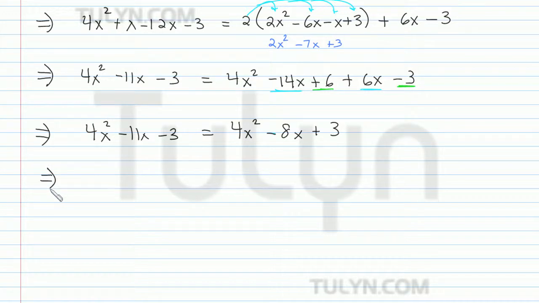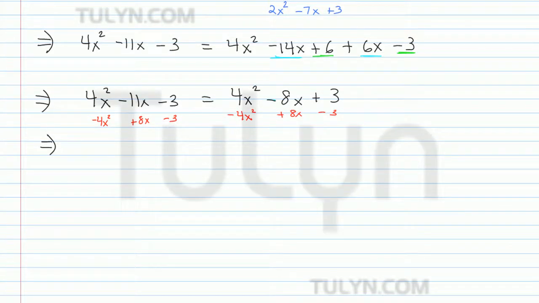So now we want to move everything over to one side. So I'm just going to do this in one shot. I'm going to subtract a 4x squared from each side. I'm going to add an 8x to each side, and I'm going to subtract a 3 from each side, right? Oh, and as it turns out, you end up getting something nice, and we're going to have to move some terms back.